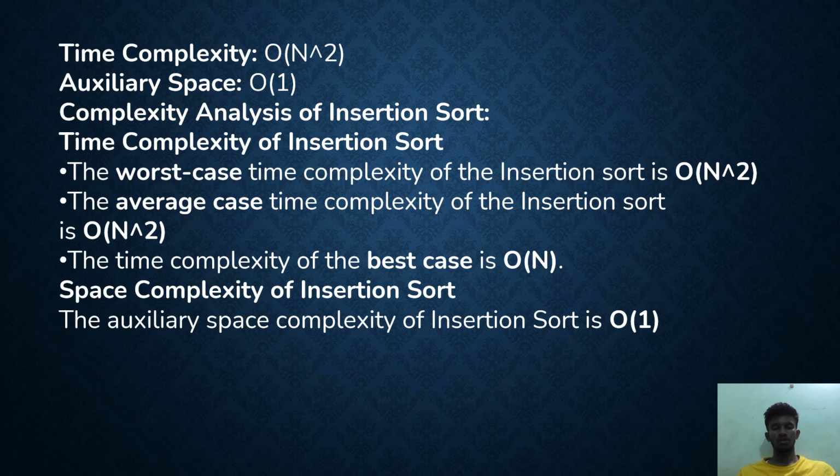The space complexity of insertion sort is the space it takes to execute the program, and the auxiliary space complexity of insertion sort is big O of 1.